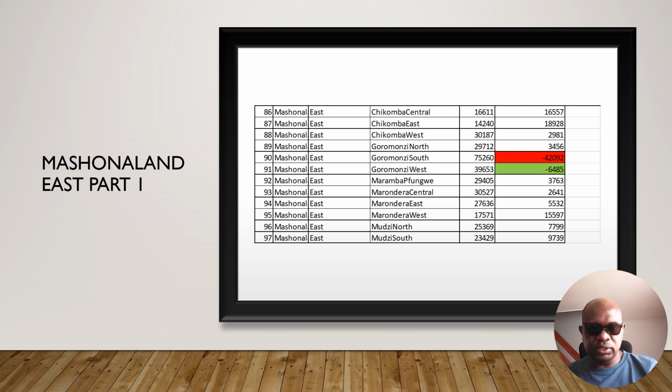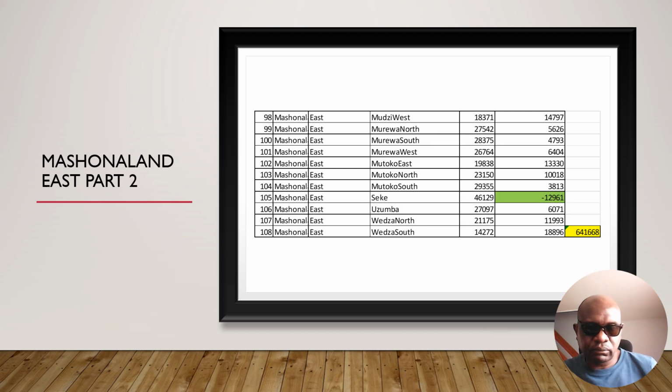Okay, so these need to be looked into so that you can have other constituencies formed out of that. So this looks like maybe two constituencies, close to two constituencies, that could have been formed in this area.